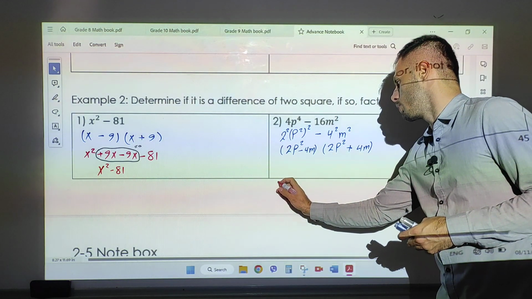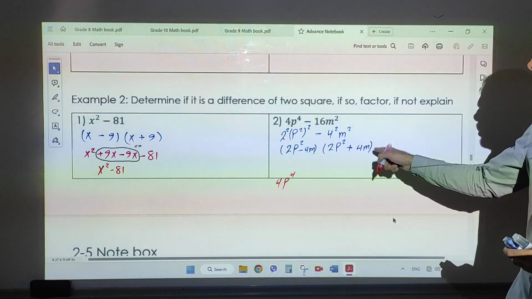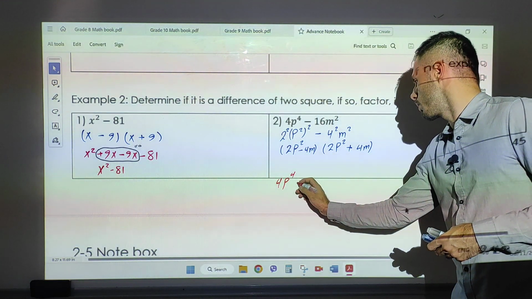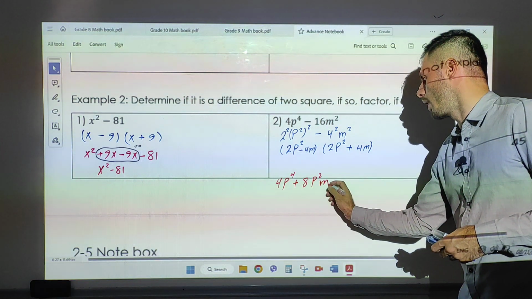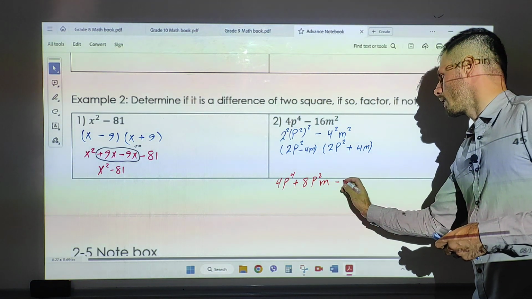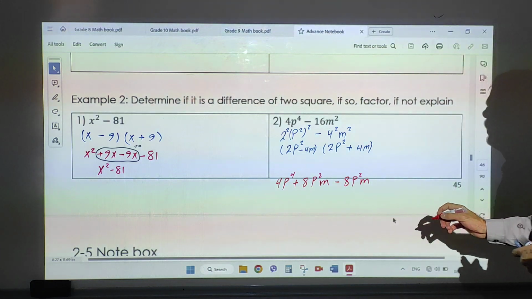2p power 2 multiplied by 2p power 2 would be 4p power 4. 2p power 2 multiplied by 4m would be plus 8p power 2m. Then negative 4m multiplied by 2p power 2 would be negative 8p power 2m.